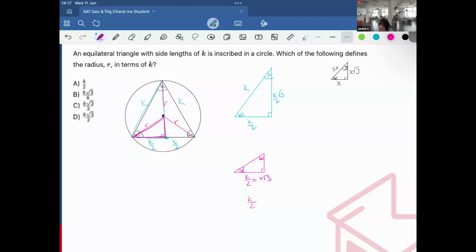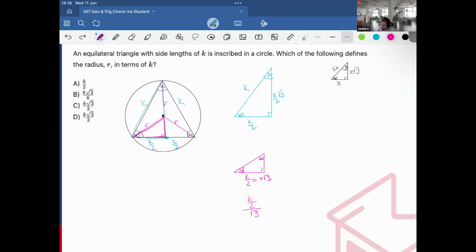divided by 2 divided by root 3. And when you do that, I'm trying to make this as clean as possible so that everyone understands, but I'm dividing by root 3.